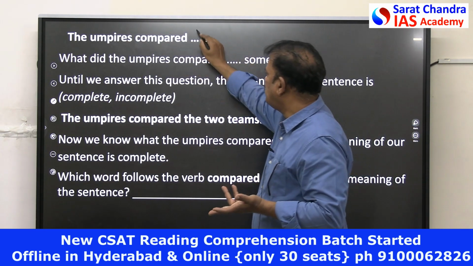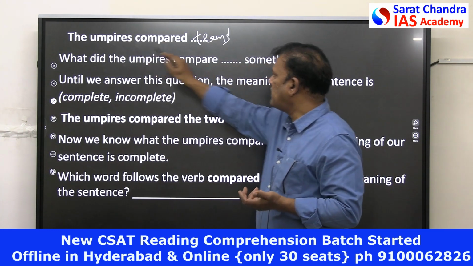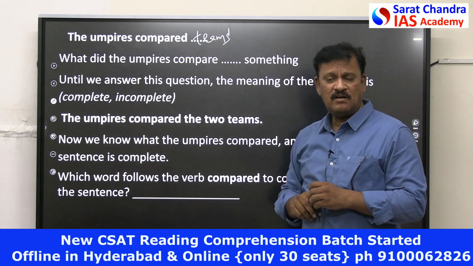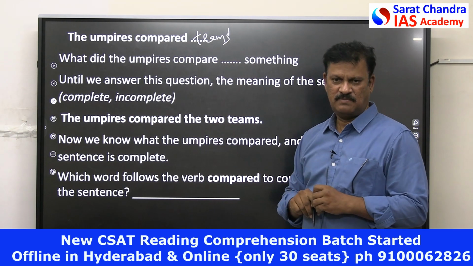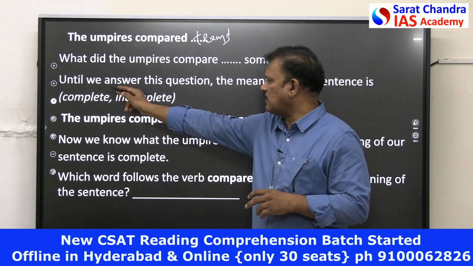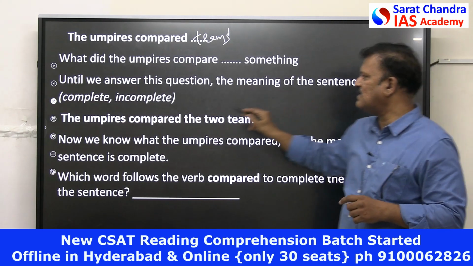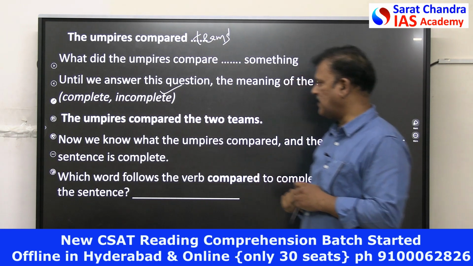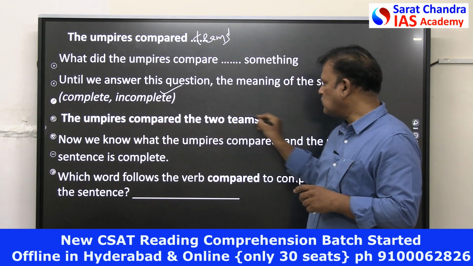Maybe teams. Okay. The umpires compared what? Teams. The umpires compared maybe players. If I don't mention this, that is incomplete. Until we answer this question, the meaning of the sentence is incomplete if I don't give this word there. Next. The umpires compared the two teams.